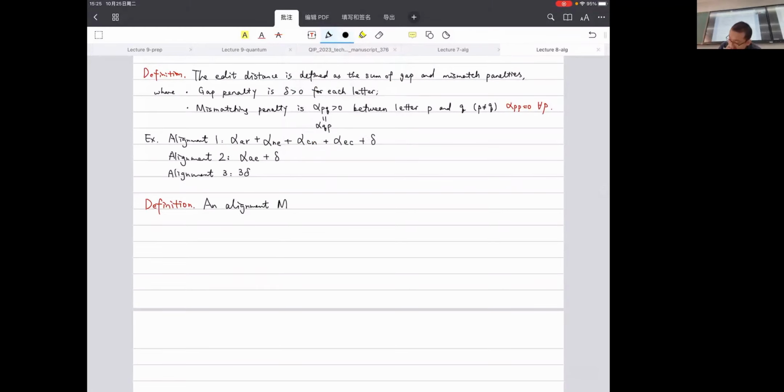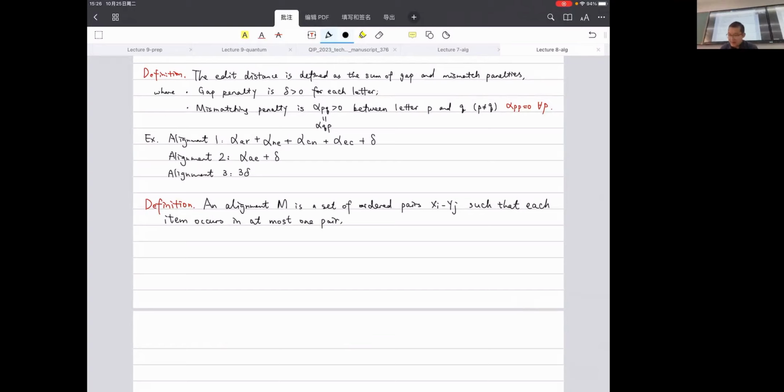An alignment M is a set of ordered pairs xi, yj, where xi is mapped to yj, such that each item occurs in at most one pair.